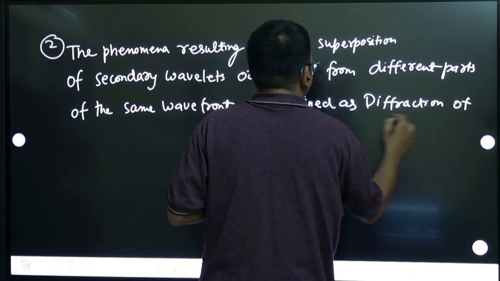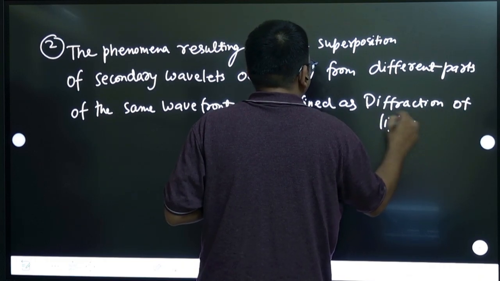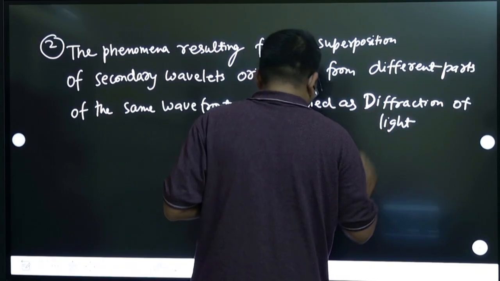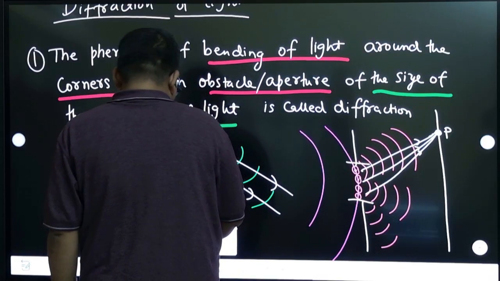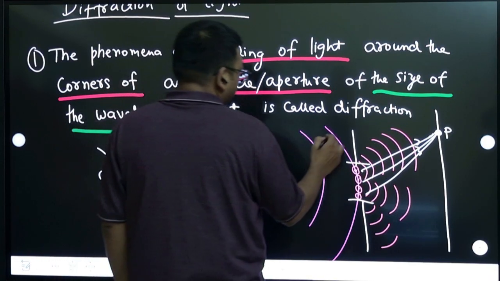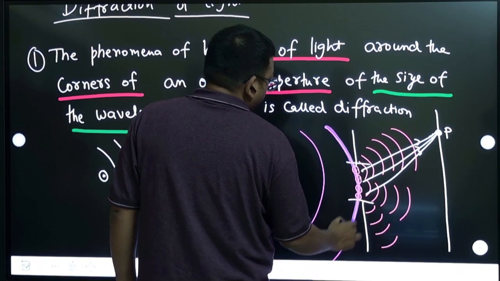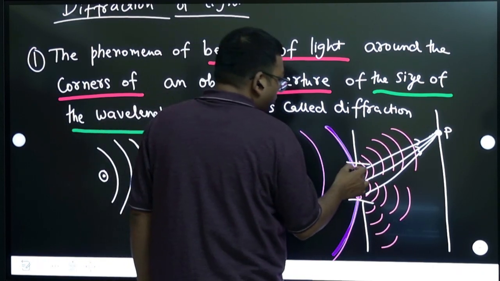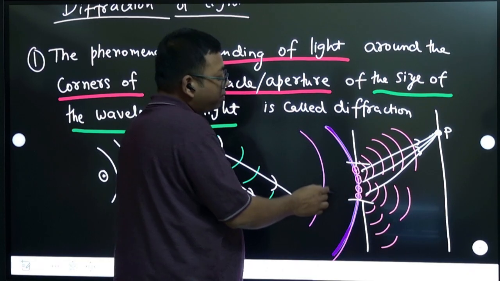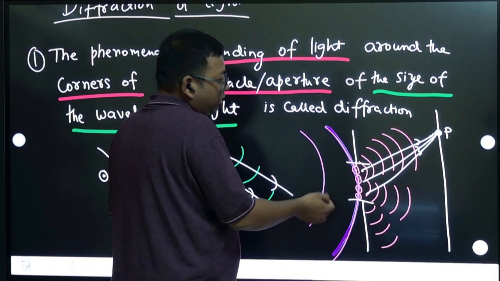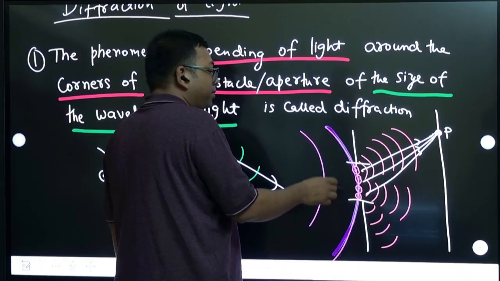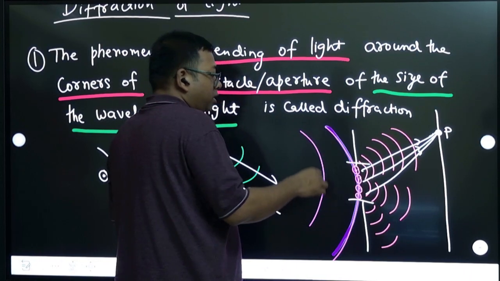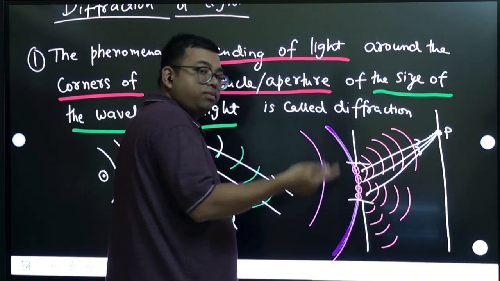Diffraction of light. Now here you can clearly see why they are saying the same wavefront, because in the previous diagram, if you see this wavefront, each of these secondary wavelets is coming from the same wavefront. So these rays are coming from the secondary wavelets which are coming from the same wavefront.